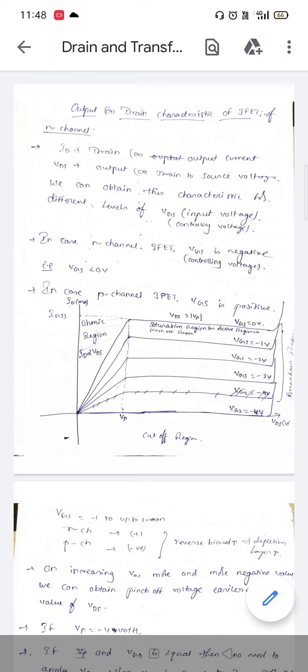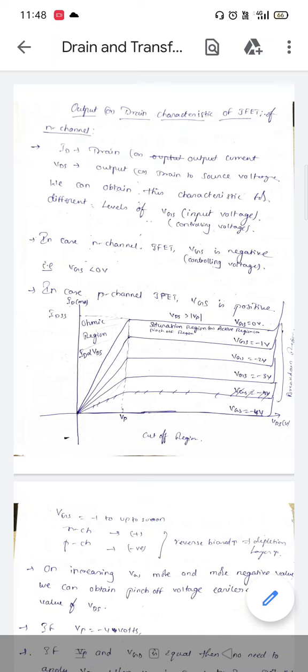We take VGS equal to 0 in case 1. In case 2 we decrease the voltage between the gate and source terminals, giving a negative potential to the p-type material.